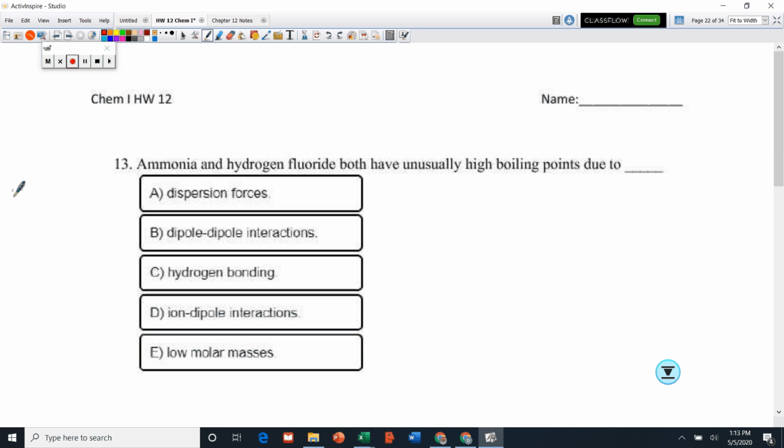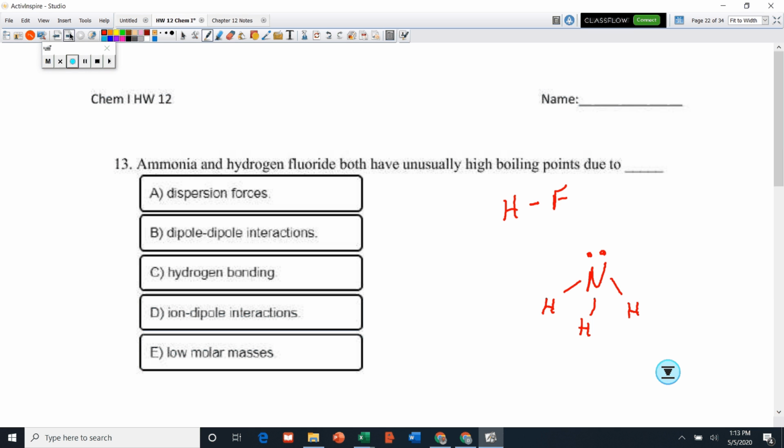Ammonia and hydrogen fluoride both have unusually high boiling points due to, all right, so hydrogen fluoride and ammonia. What do they have in common? It's going to deal with a particular IMF.